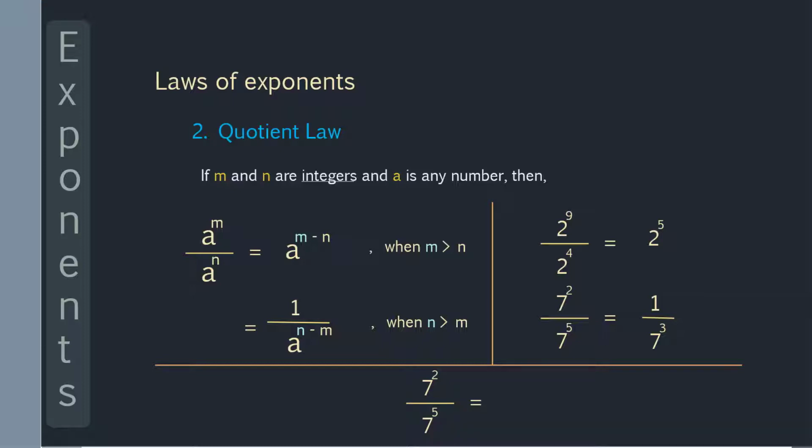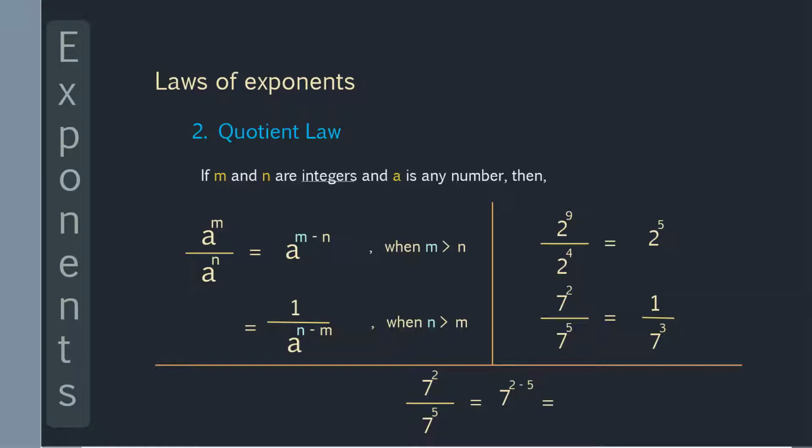Here, as per the definition, normally it is expected to use the second form as n is greater than m. But are you curious enough to think what will happen if we use the first form instead? Yes? Let's try it. Here 7 square by 7 raised to 5 results in 7 raised to 2 minus 5.